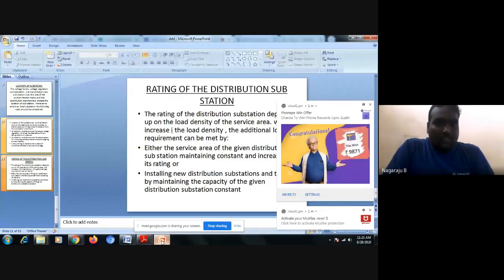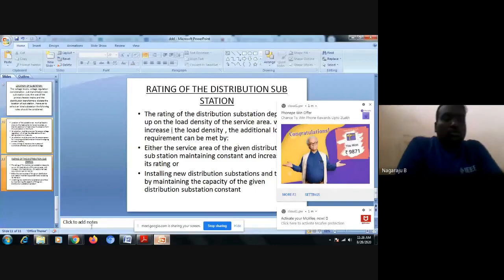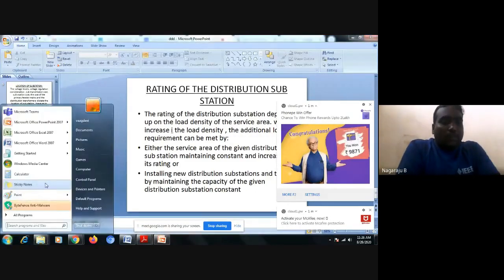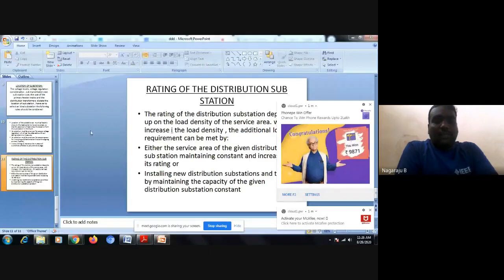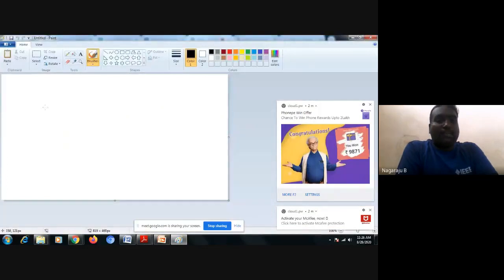It greatly simplifies the comparison of alternative plans, which may require different sizes of distribution substation, different numbers of primary feeders and different primary feeder voltages. I'll use paint to explain how I am going for the substation modeling.